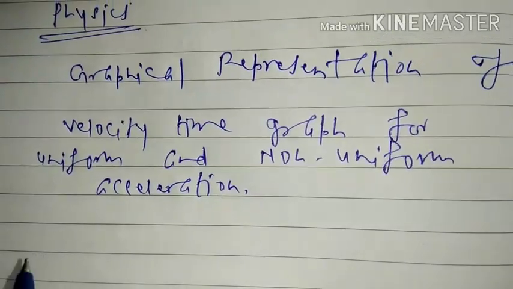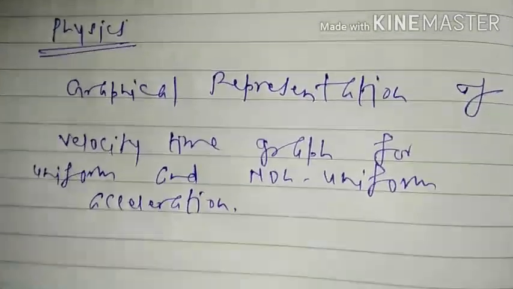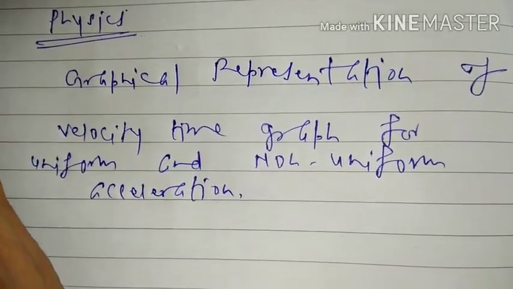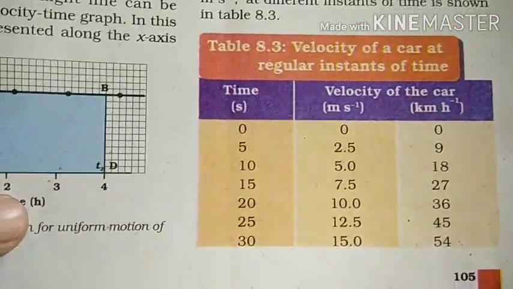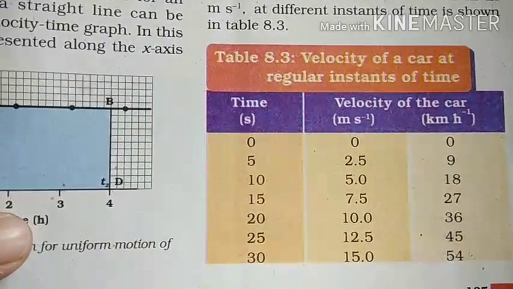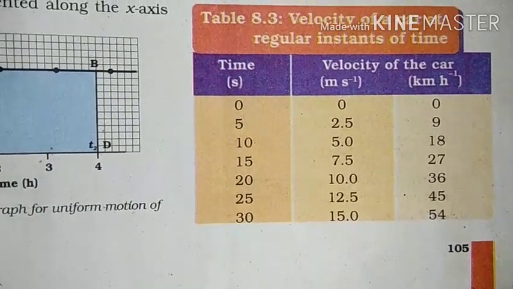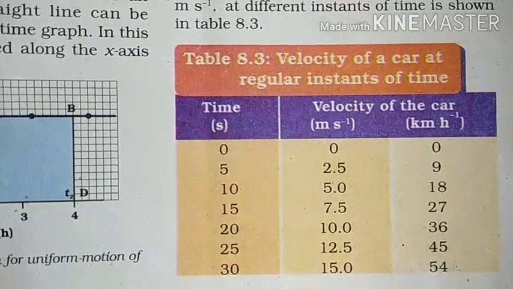Following table 8.3, I had stated that we shall explain each and every activity of the NCERT science book. So see table 8.3 on page 105 of NCERT.